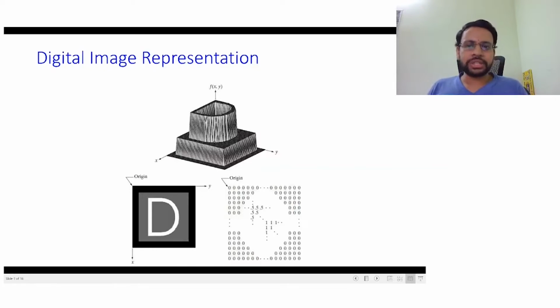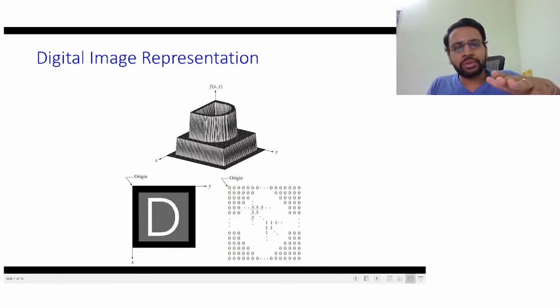Another question is, how do you represent an image? One way that you could think of it is, once you have sampled the image in both x and y, you have rows and columns. At each of those grid points, you have certain intensity values, and remember that we already quantized these values, so you have a specific set of possible values that each of these grid points can take.